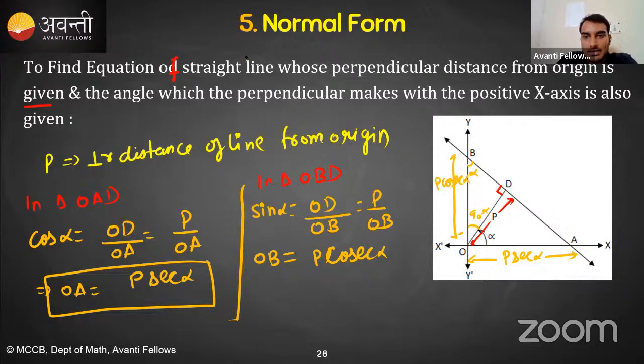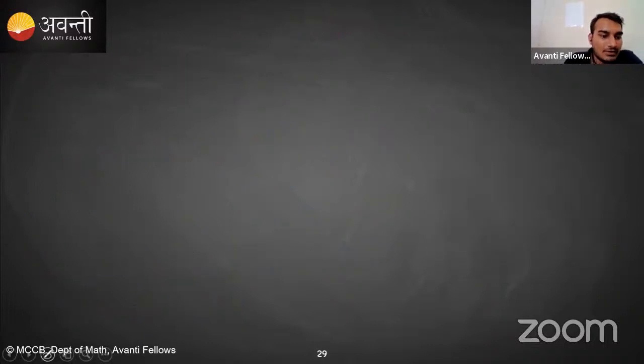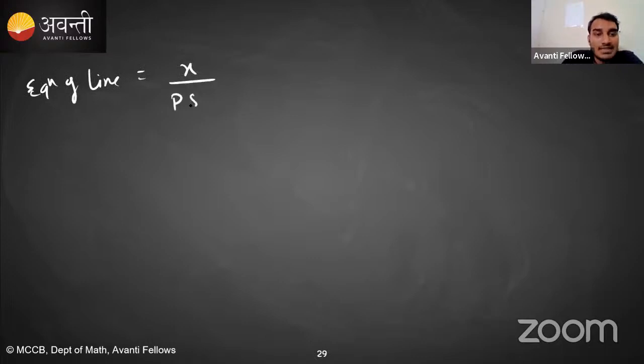Is this clear? So now, students, this x-intercept is given. X-intercept is P sec alpha. Y-intercept is P cosec alpha. Yes or no? So you can write the equation of line. X-intercept is known. Y-intercept is known, right? So equation of line is x upon x-intercept P sec alpha plus y upon y-intercept P cosec alpha is equal to 1.